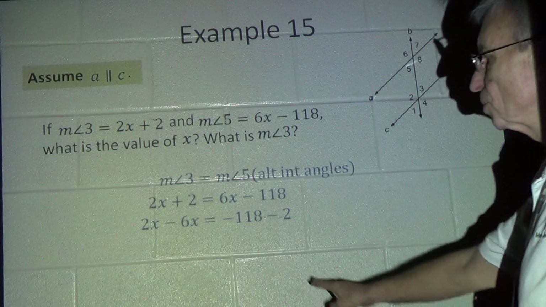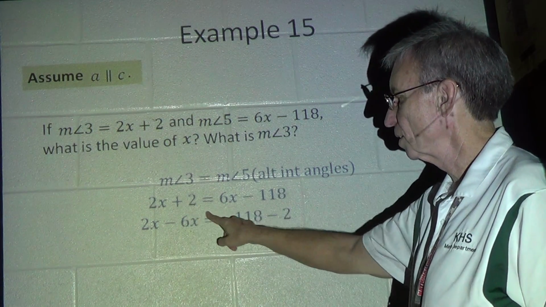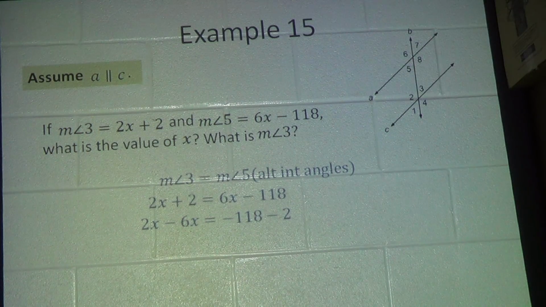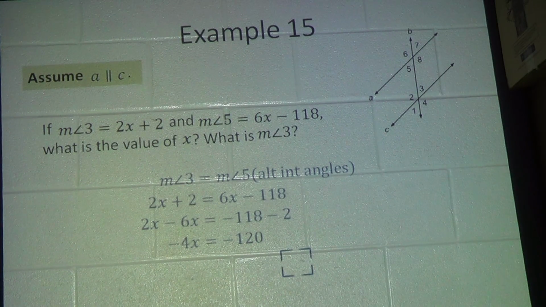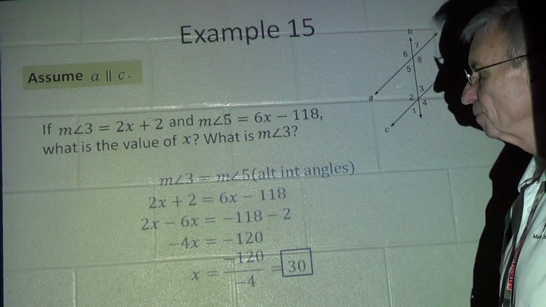All they did is they subtracted the 6x from both sides and subtracted this 2 from both sides. So that leads us to this, which tells us that negative 4x equals negative 120. Divide both sides by negative 4 gives us that x is equal to 30.